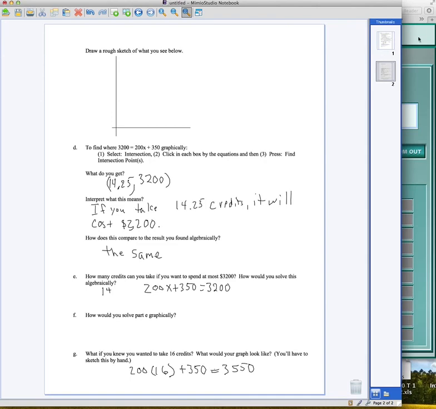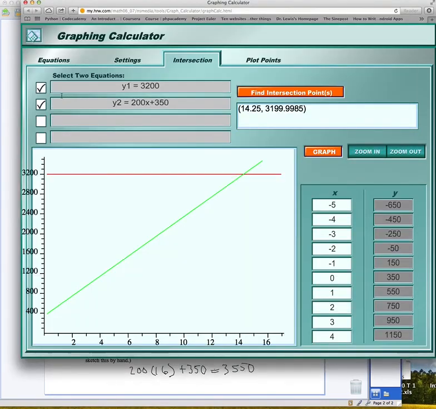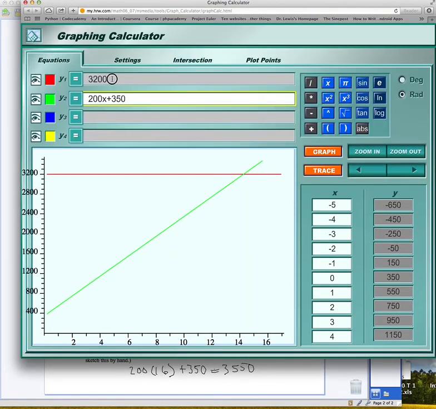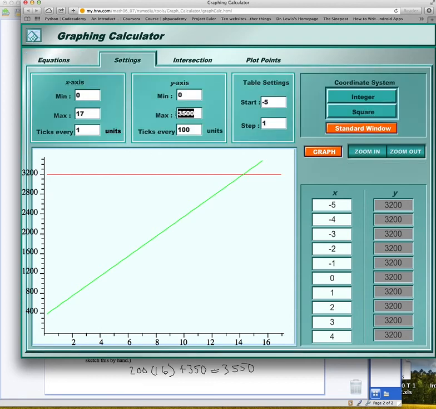And we can even check that if you want. I can go back here, go back to equations, change that to 3,550. Settings, I might need to increase this to, say, 3,700.